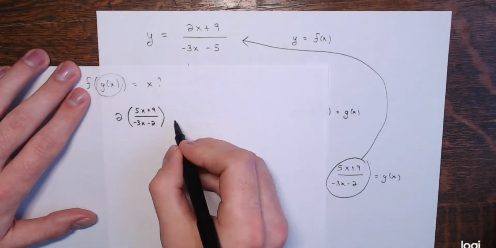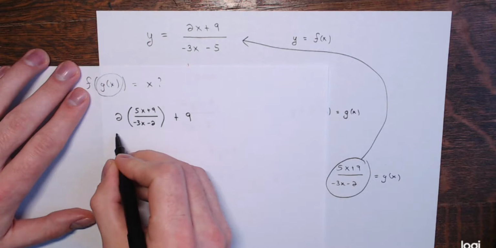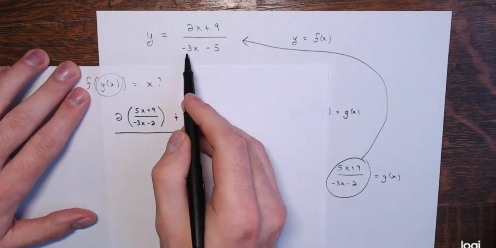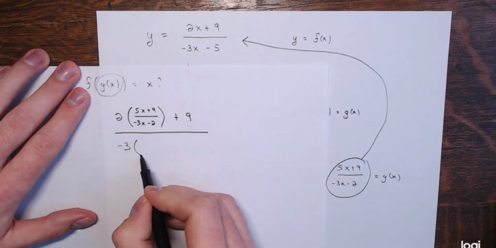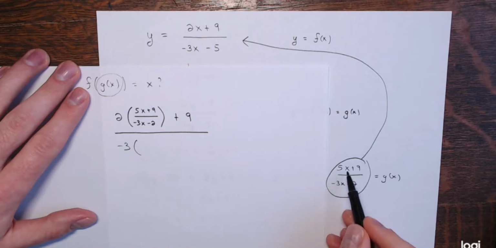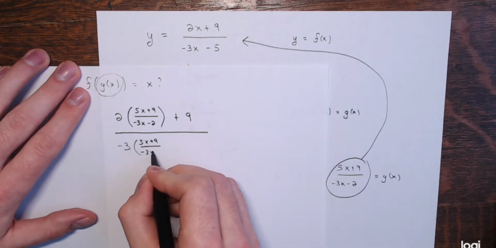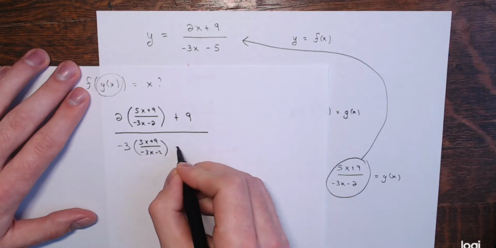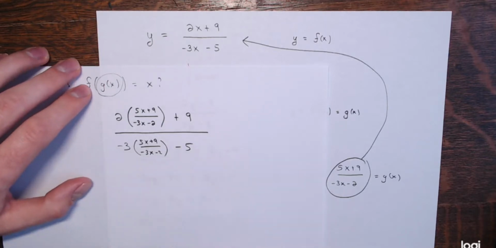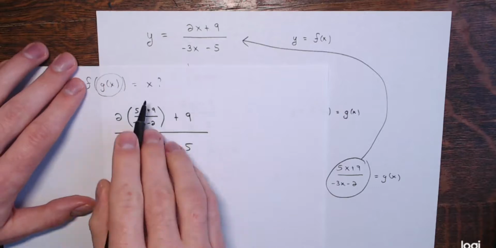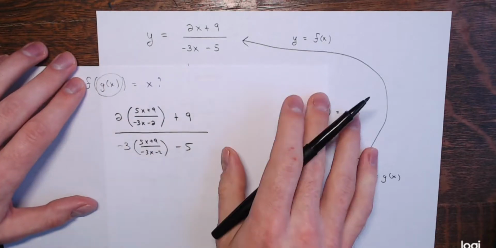And then you got the plus 9 after. And divided by, and then instead of negative 3 times x, it's negative 3 times g, this thing. So 5x plus 9 divided by negative 3x minus 2 again. And then you got the minus 5. And let's simplify this, and hopefully we end up with just x. They undo each other, they're inverses.